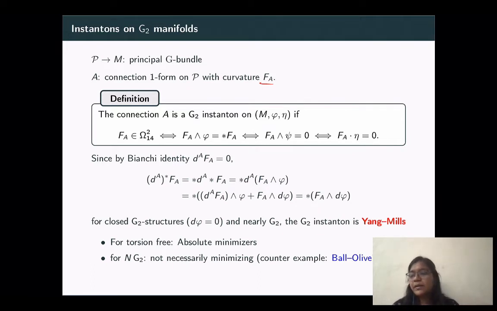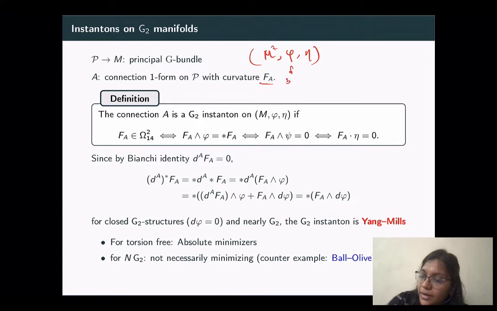I have this bundle P over M, and just to remind you, I'll denote a manifold with G2 structure by (phi, eta). Here phi is the non-degenerate 3-form and eta is the unit real spinor. So we saw in lecture 1 that you can define the G2 structure either way.